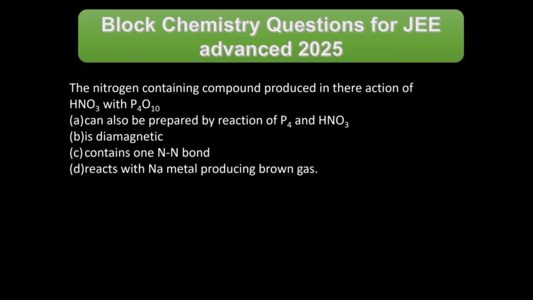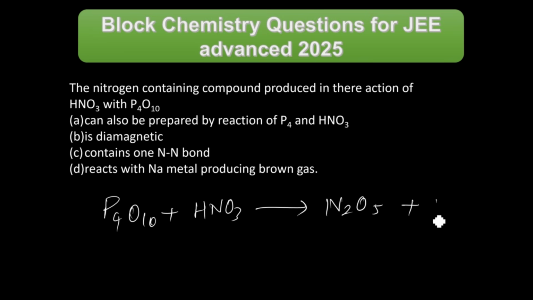Nitrogen containing compound produced in the reaction of HNO3 with P4O10. Okay, so P4O10 with HNO3, what would be the reaction? It will react to form N2O5 and HPO3, isn't it? It is a very good reagent to produce N2O5. This N2O5 cannot be obtained by the reaction of P4 and HNO3.